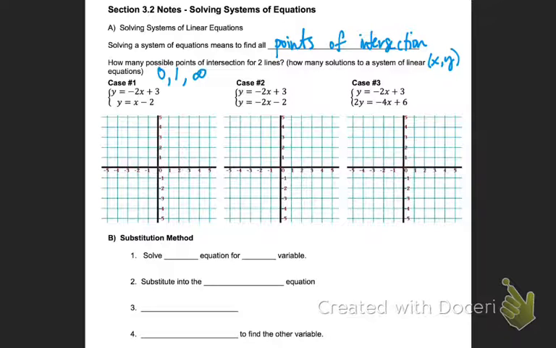So let's look at case number 1 and graph both of these equations. If I graph negative 2x plus 3, I'm going to put a point at the positive 3 y-intercept, then down 2 over 1.